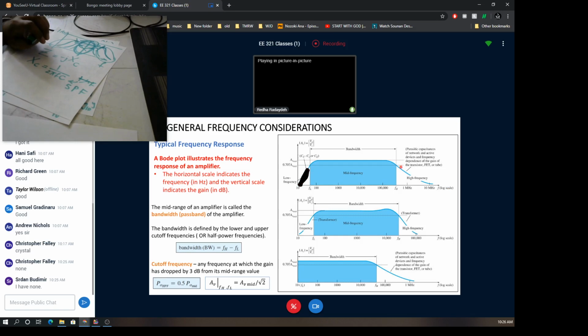Again, a decrease in the gain because of the external capacitors, and a decrease in the gain because of internal capacitors. And between them, here we have the mid-band at which the gain is almost constant at maximum value.